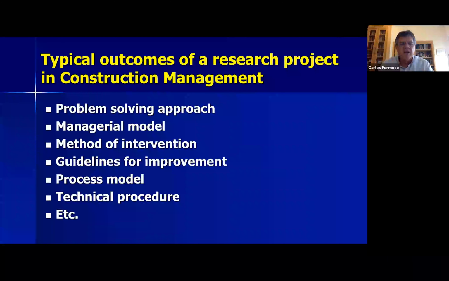So people develop problem-solving approaches, managerial models, methods for changing or intervening in a company, guidelines for improvement, process models, technical procedures, and so on. So there is a mismatch between the type of research methods we use in construction management and the kind of outcome.